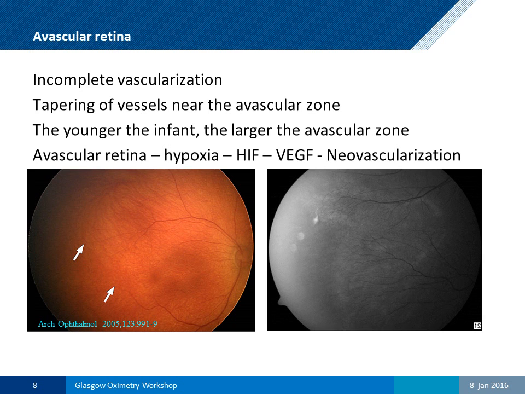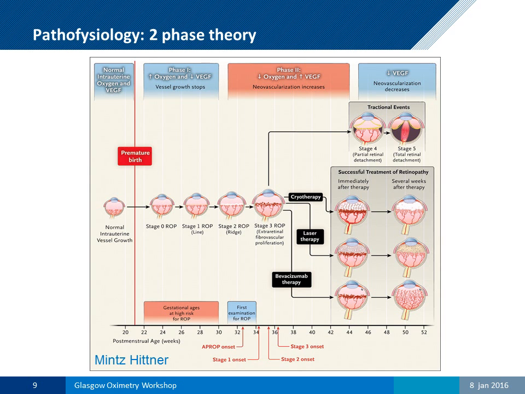It's an avascular retina, and as Professor Steffensen told us yesterday, this avascular retina causes hypoxia, which causes in the end VEGF and works its way through to neovascularization. The current theory is that there's a two-phase approach to ROP.